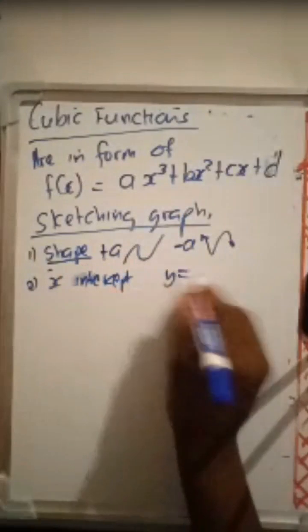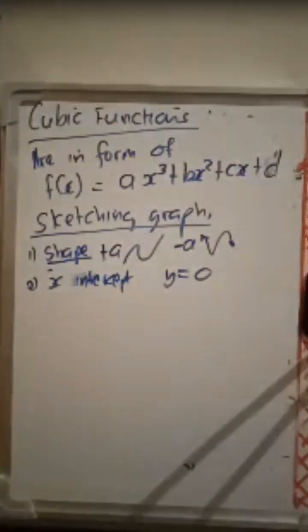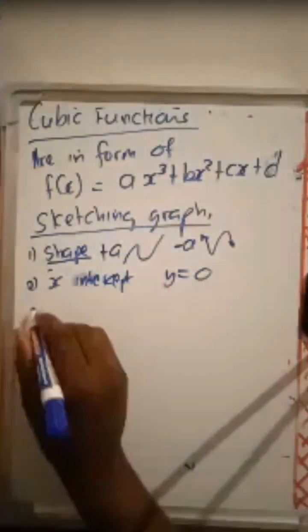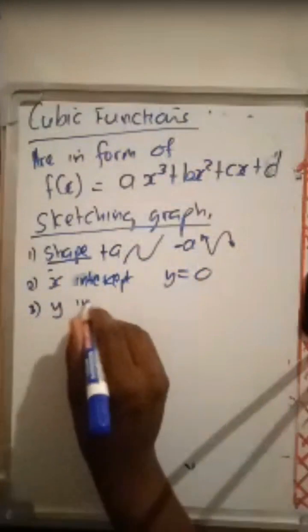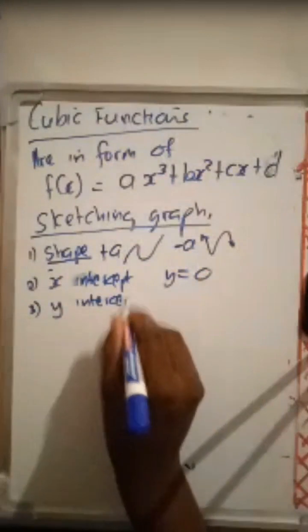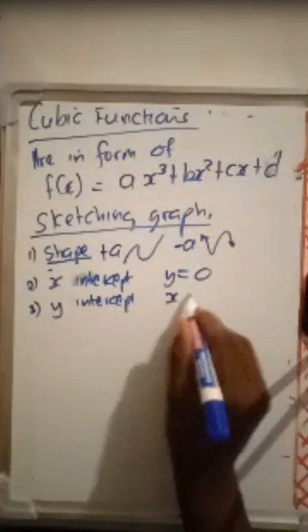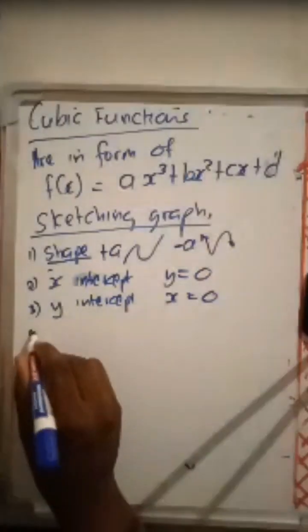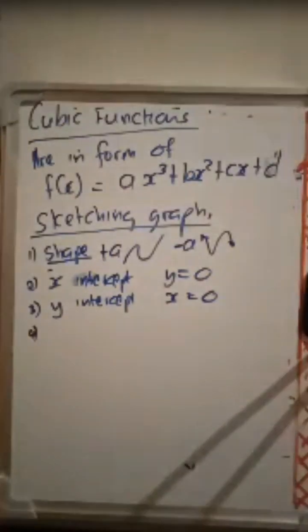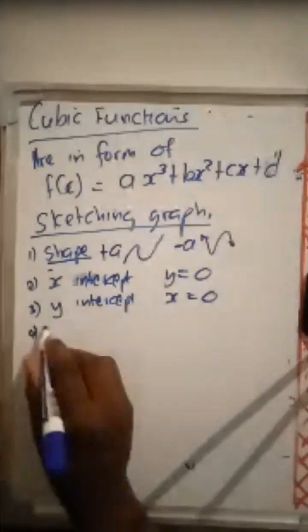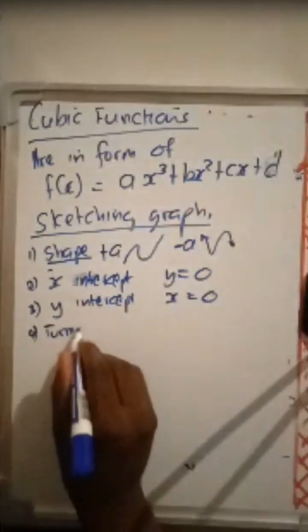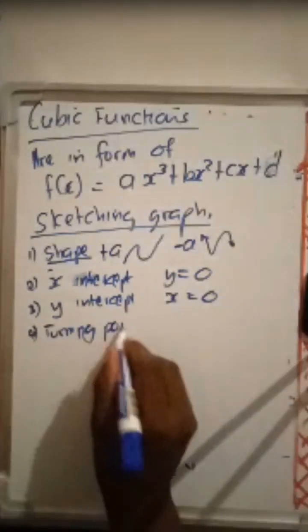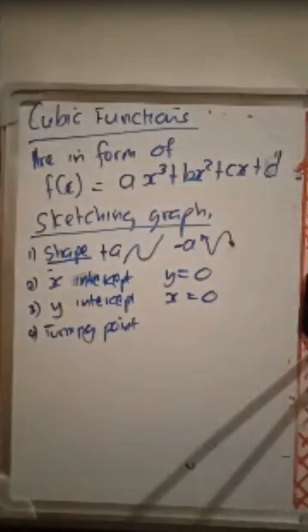We get this by saying y is equal to 0 and solving, like what we're doing. Then number 3, we need the y-intercept, which is going to be x is equal to 0. Then number 4, we need the stationary turning points, which are also considered stationary points.